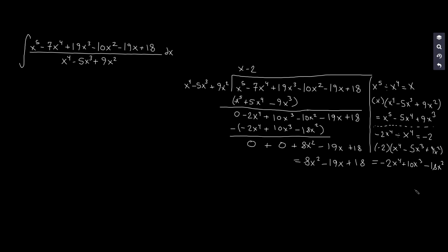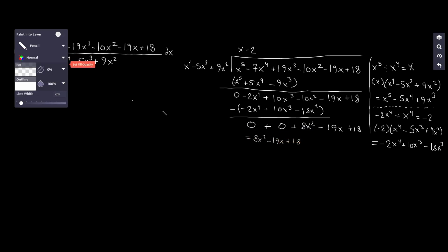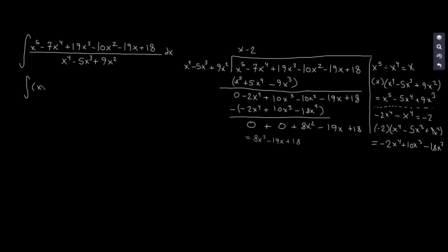And that's our remainder. I don't want this to be confusing, so I'm going to just move this over here. And that's the remainder. I think it's going to be x minus 2 plus our remainder here.